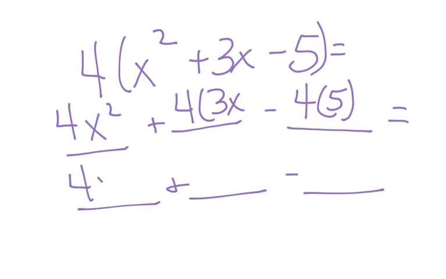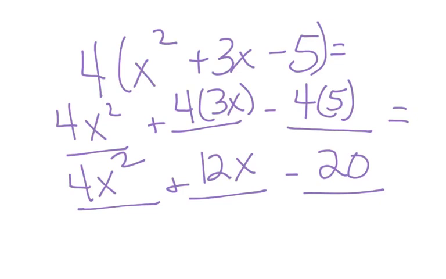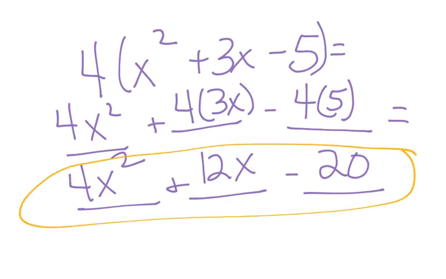So this is going to be 4x squared. 4 times 3 is 12, because we have two numbers multiplied. And then 4 times 5 is 20, so that will be our final answer down here. After we give each term a 4, we need to simplify it by doing the multiplication. Okay, that is your introduction to the distributive property.